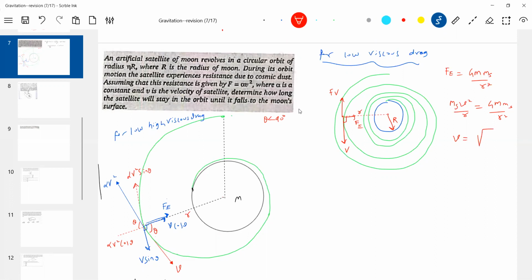The expression for orbital speed will be this. Already we know this. What is the total energy of the satellite? Shall I directly write it? It should be equal to minus... directly I'm writing it. This should be the total energy of the satellite.